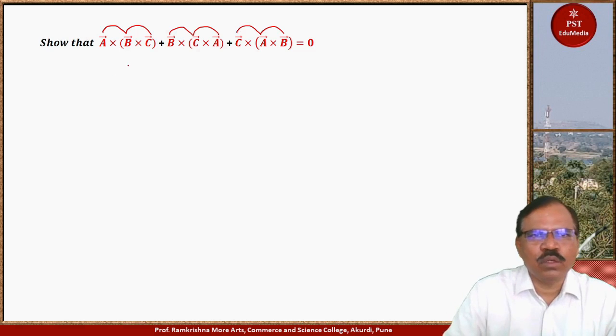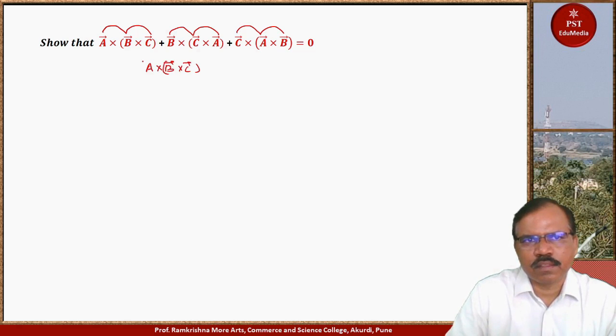So how can we show this? Suppose we take A cross B cross C. Now we have seen this identity. And what is this identity?